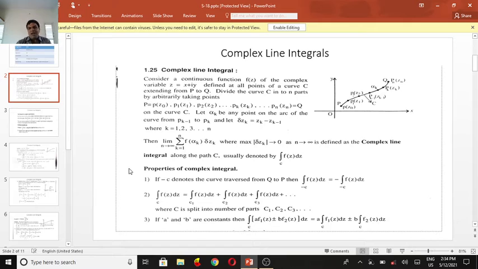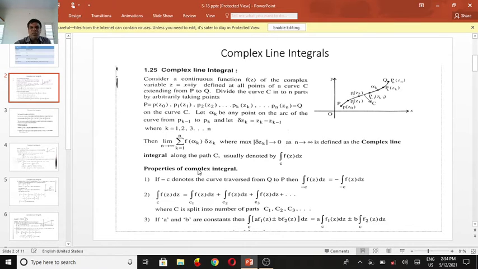We are already familiar with the definition and properties of a line integral. The same properties apply to complex integrals. First, the integral from P to Q is the same as the integral from Q to P, but the sign changes.